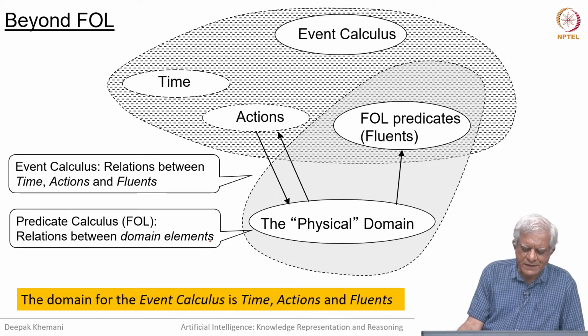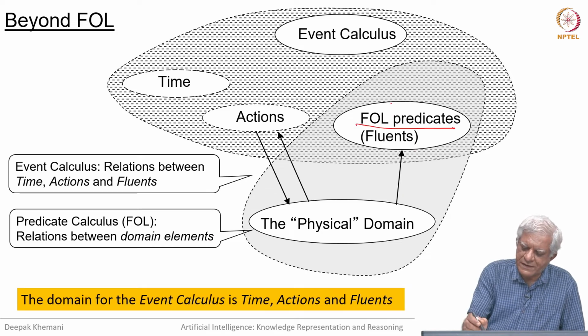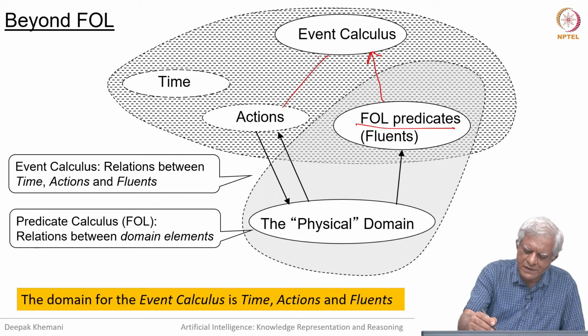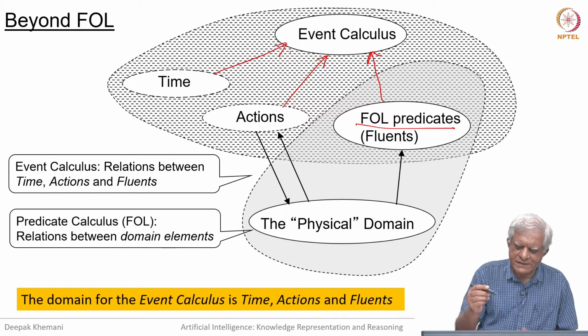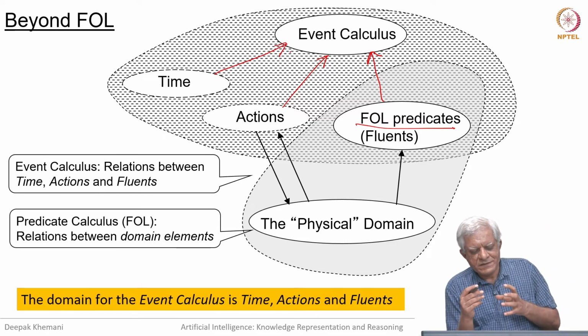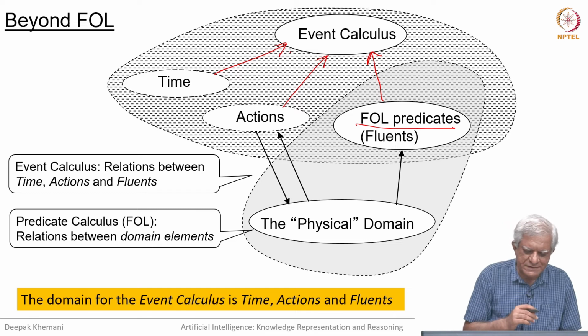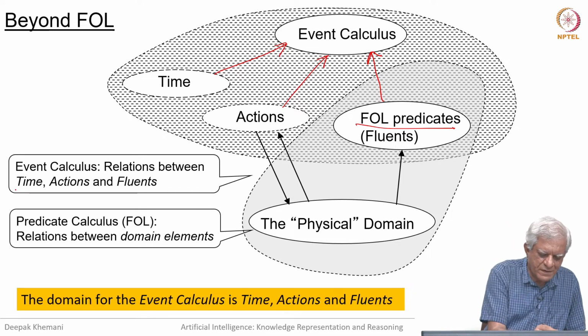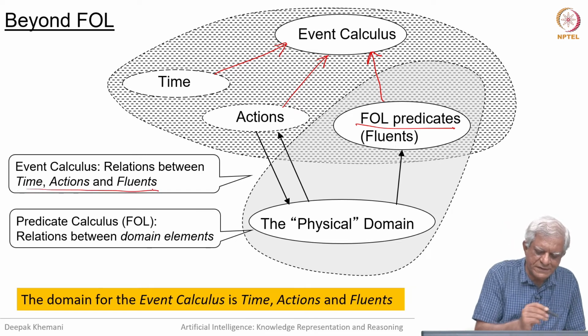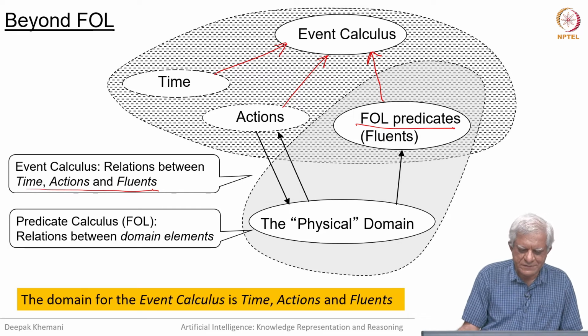In the physical domain, you can talk about FOL predicates, but the FOL predicates are now themselves arguments to event calculus. Event calculus is a language which allows you to talk about time, actions or events and fluents. So, these are relations between these three kinds of things.